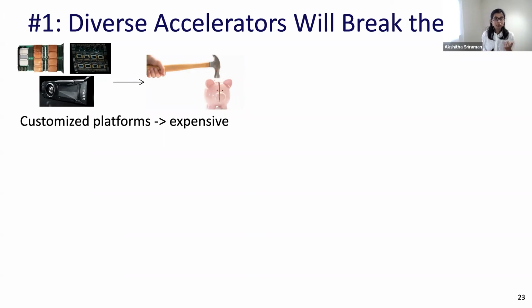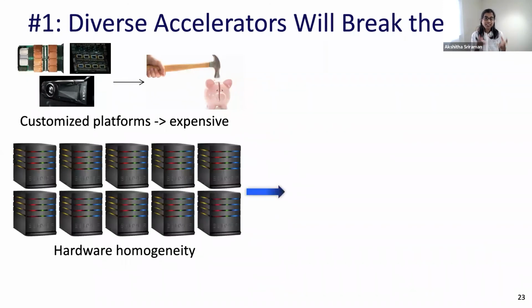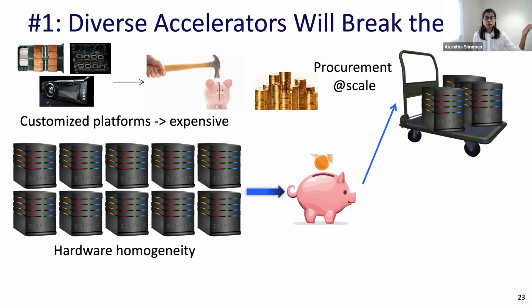So first of all, building a custom platform for each orchestration operation is not going to be a cheap endeavor. So let's say you have 11 different types of orchestration operations, right? What are you going to do? Are you going to throw 11 different types of accelerators at the problem? No, this is going to be challenging because data center operators would really like to have homogeneous hardware resources. They want this nice uniformity because you get this procurement advantage of buying hardware in bulk for wholesale prices.